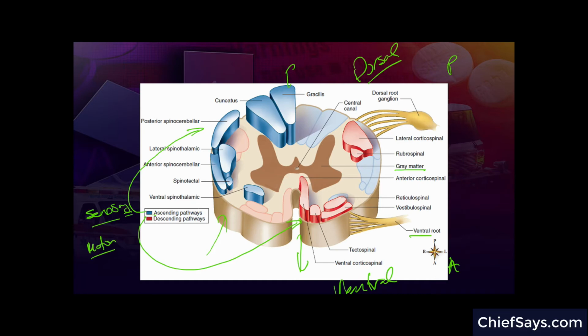So you can anticipate that a patient that has an injury to the anterior or ventral portion of the spine has a higher likelihood that they'll have an impact to their motor control more than their sensory. But as you can see, we've got a descending pathway right next to an ascending pathway as well along the lateral portions of the spinal cord.